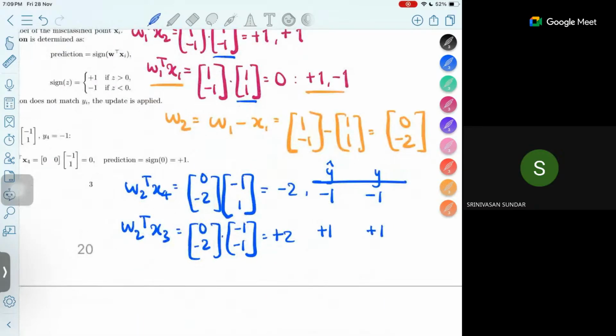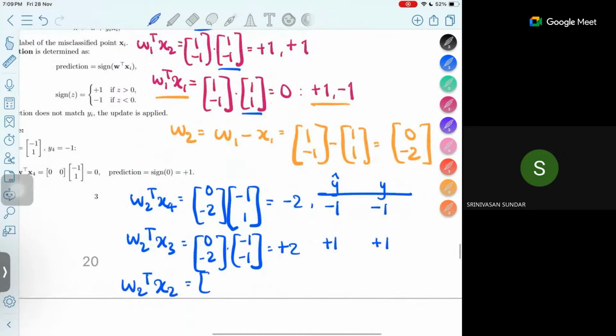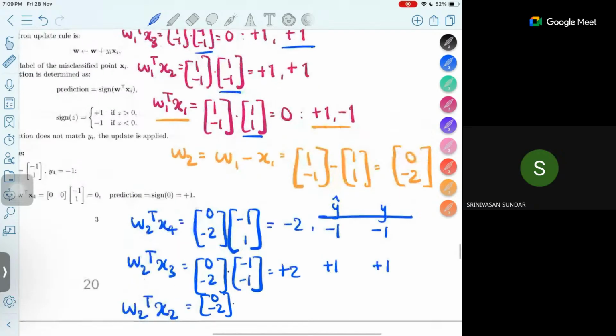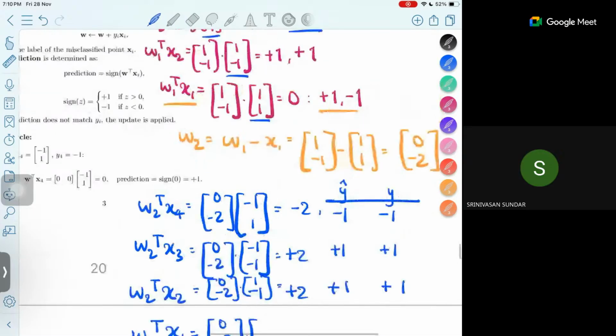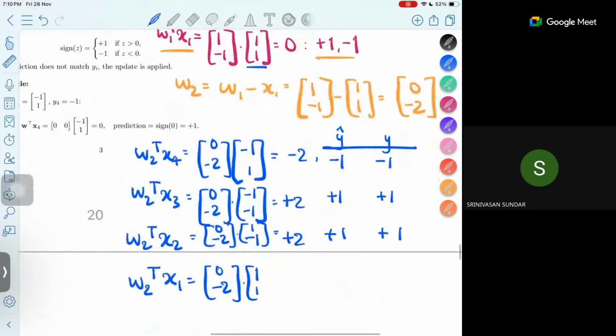Now W2 transpose x2 is equal to 0 comma minus 2 dotted with 1 comma minus 1, which is plus 2 again. So this is plus 1 and this is also plus 1, right? Now the final one. Hopefully, if we get this, we don't have to do this one more time. So x1 is equal to 0 comma minus 2 times 1 comma 1, right? So that is equal to minus 2, thankfully. Which means this is minus 1 and this is also minus 1.